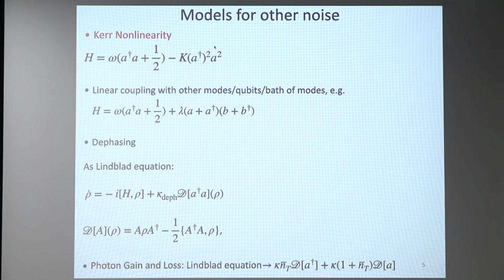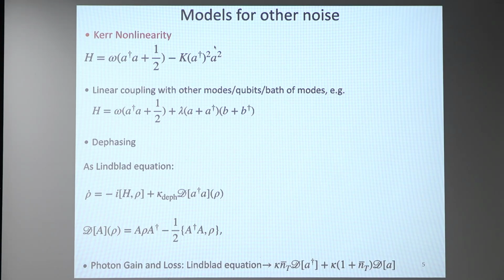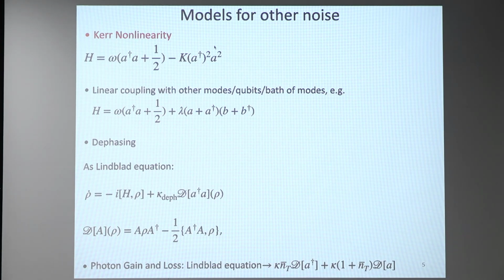All right, so you also have photon gain, and typically, if you have an oscillator that goes to its thermal state, you'd have operators like this. But typically the setup, especially for these superconducting qubits, you've heard they are happening in the dilution fridge, and the temperatures are so low, gigahertz, that these qubits, or these resonators, they go to the ground state if you just leave them alone, right?